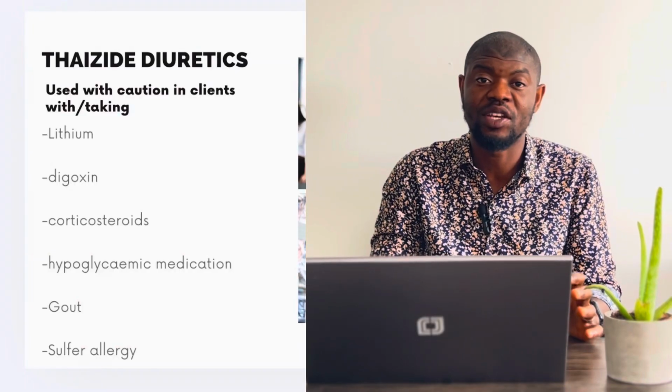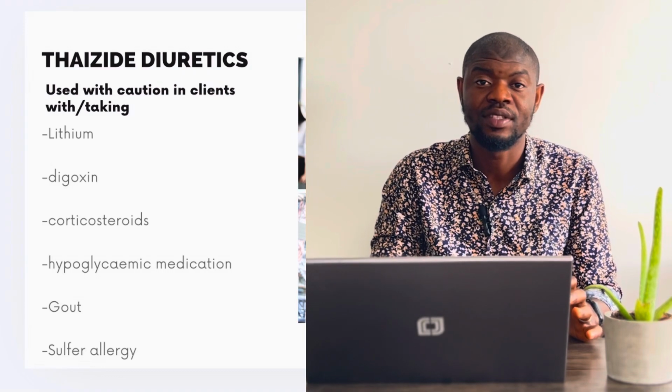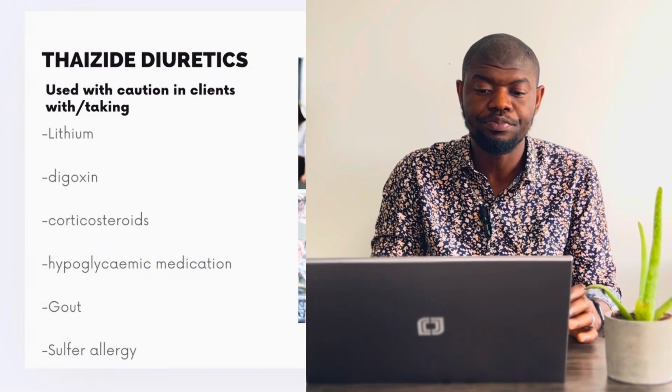We mentioned that every class of medications needs to be used cautiously in a certain group of people. With thiazide diuretics, we have some groups of patients where we need to use them cautiously. The first group are the patients who are on digoxin and or lithium.